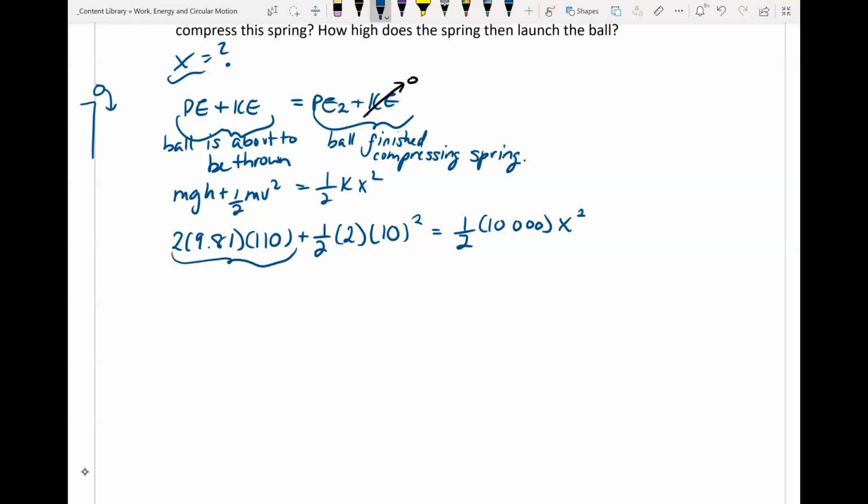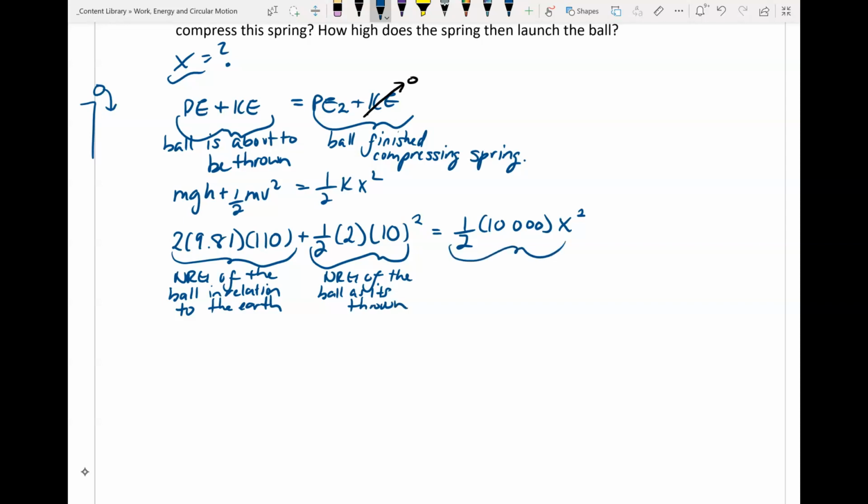So just as a recap, this part here is the energy of the ball in relation to the earth as it wants to fall down because of gravity. This is the energy of the ball as it's being thrown.